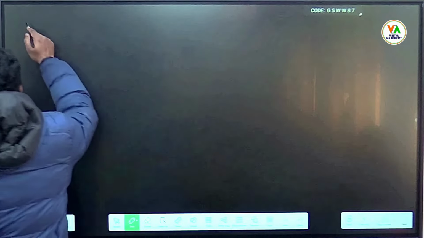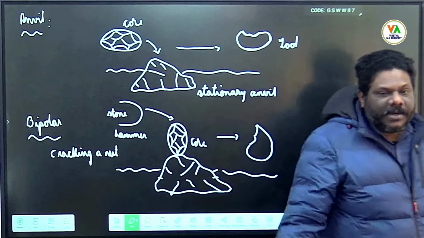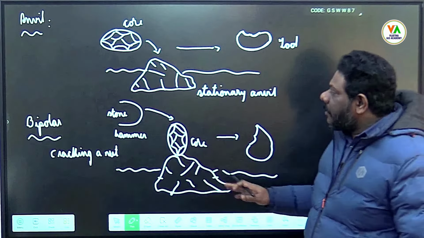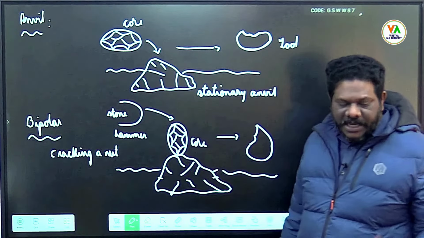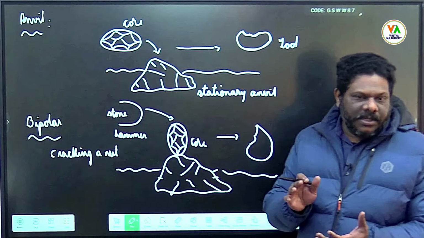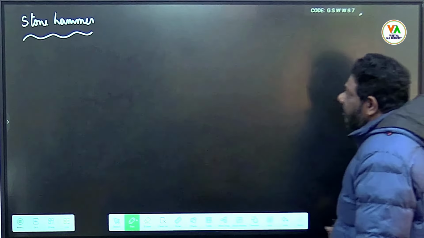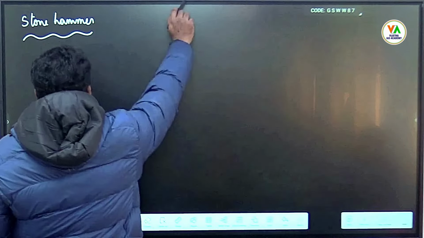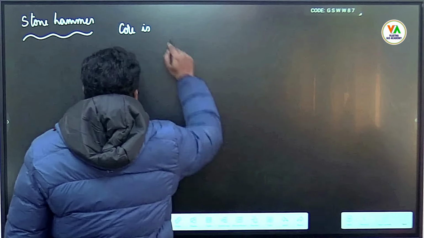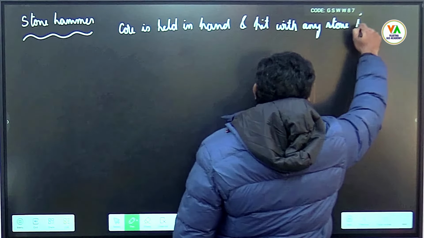Next one, stone hammer technique. See, in these two techniques, you can see that a lot of pressure can be exerted because it is kept on a stationary anvil. Now this core is taken in hand, and then with the help of another stone they are removing one side to form a sharp surface. So in stone hammering technique, core is held in hand and hit with another stone, which is the hammer.